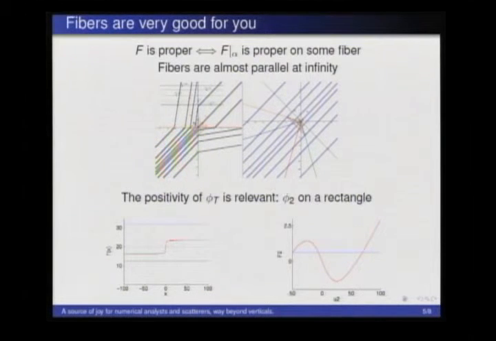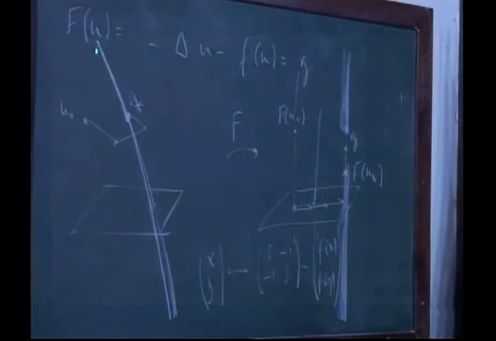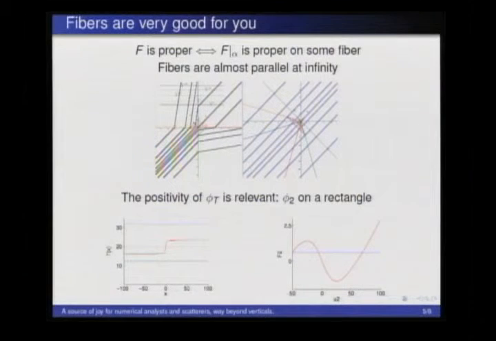And this is what we call a height map. The height map essentially says the following. You move along the fiber in the domain, so this is the height coordinate. You compute f at those points, and you see the height over here. What we're seeing here is that the height from this point goes up, then goes down, then goes up again. In particular, the point we started with has 3 preimages, you see.